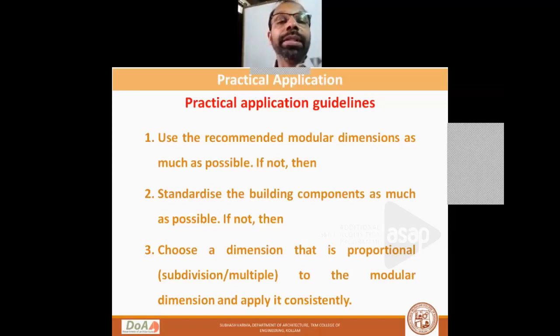Even if standardization is not possible, then you can choose a dimension that is proportional to the modular dimension, either a subdivision or a multiple, and apply it consistently.